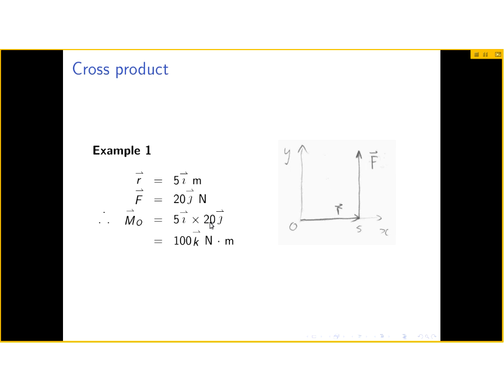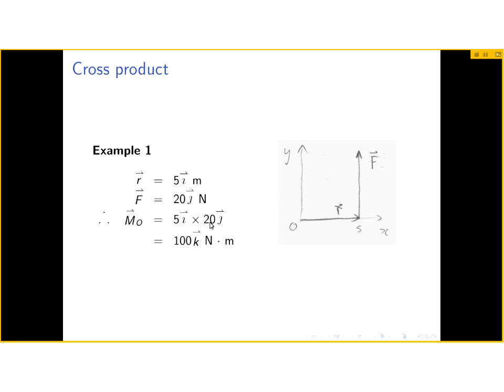Now, in calculating this cross product, I know that the magnitude of this cross product will be 5 times 20 times the sine of the angle between I and J, which is 90 degrees. The sine of 90 degrees is 1. So the magnitude of my cross product will simply be 5 times 20, which is 100.